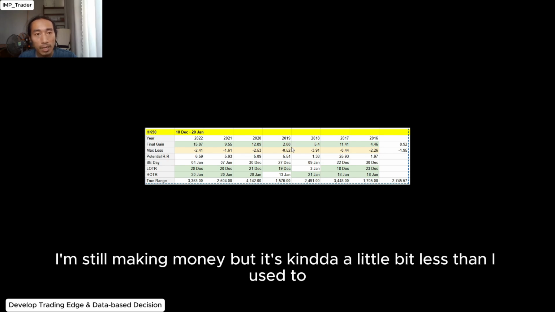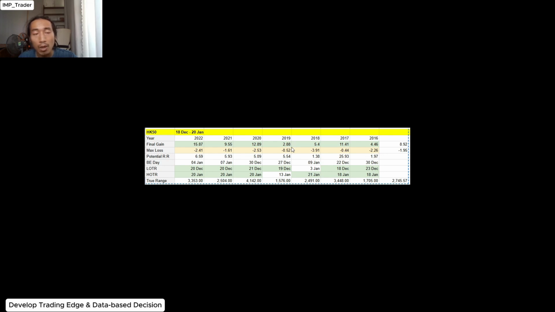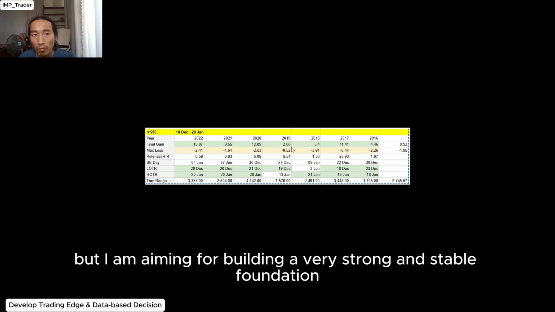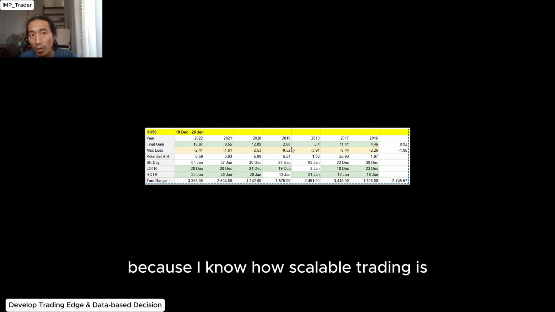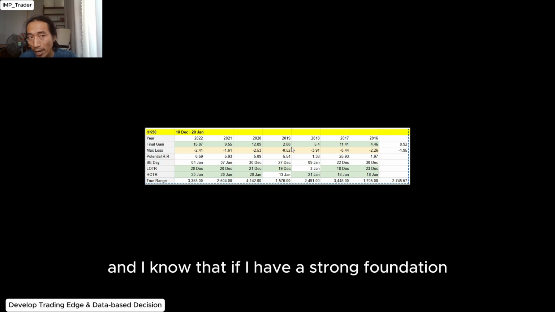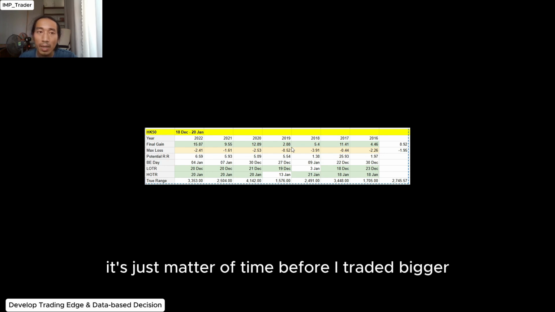I'm still making money, but a little bit less than I used to. But I am aiming for building a very strong and stable foundation because I know how scalable trading is, and I know that if I have a strong foundation, it's just a matter of time before I trade bigger.